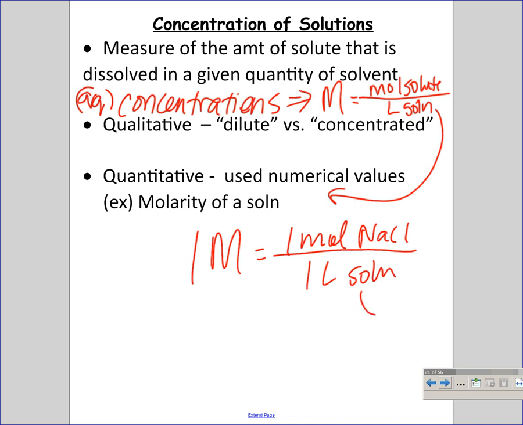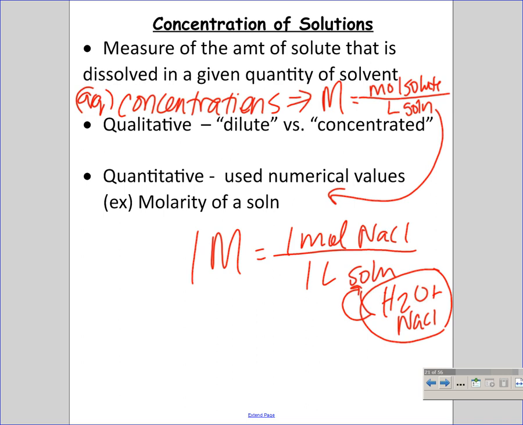What's the solution made of? 2 things. What's the solvent in an aqueous solution? Water. And what's the solute in my example? NaCl. Yep. So this solution is made up of those two things. So we're going to start expressing things in their appropriate concentration units, which is molarity and then a couple of other things.